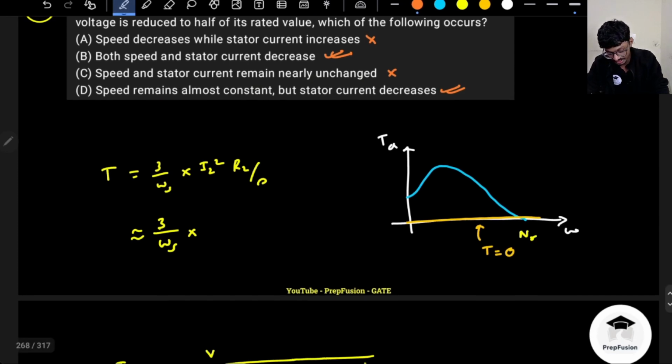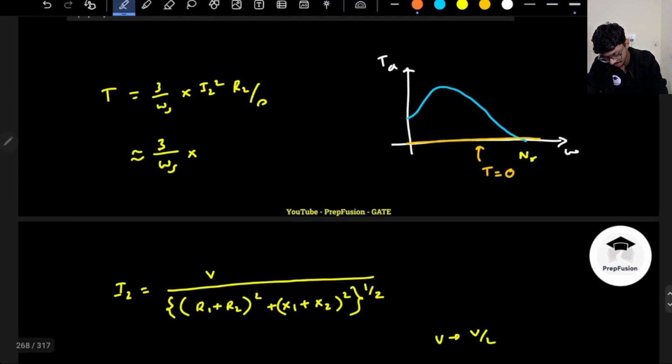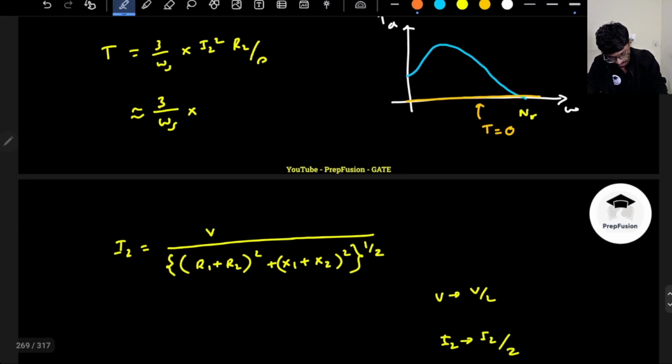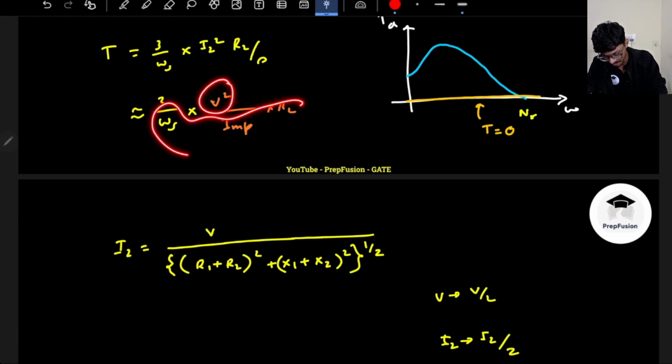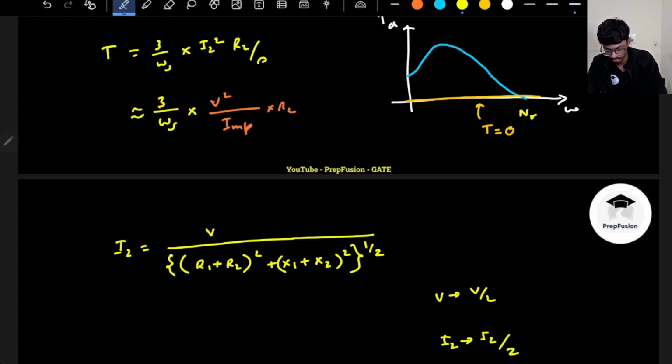Now your first instinct will be that you will directly write that your torque is equal to I2 square R2, with I2 this value. Your torque will be roughly V square divided by whatever is the impedance, that is some constant value, into R2. So all these are constant. You will say voltage is halving, so torque also will be one-fourth. But please be careful in which region I am at.